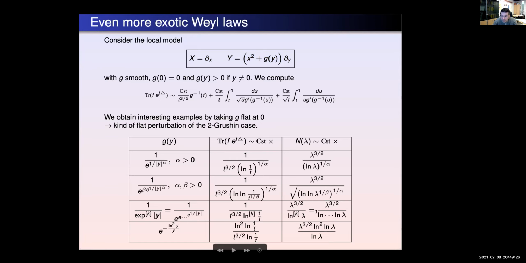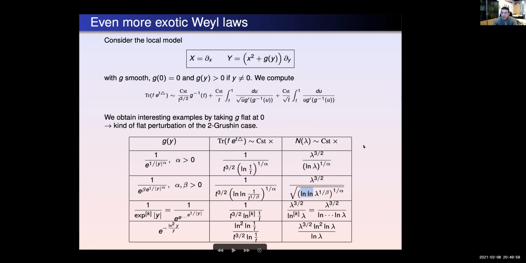For instance, we can have iterated composition of logarithm, which was a question, because in the previous examples I showed you, there was only one single logarithm. So our question here was, is it possible to obtain some kind of log-log in the counting Weyl law? So the answer is positive. We are able to generate some log-log.